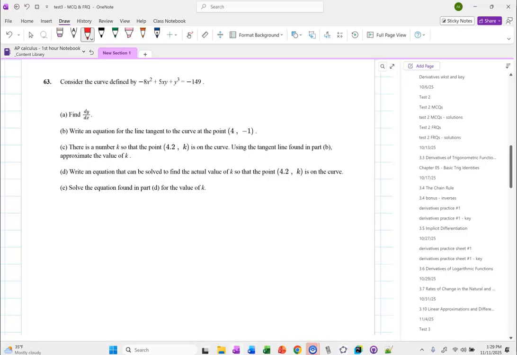All right, this says consider the curve defined by negative 8x squared plus 5xy plus y cubed equals negative 149. And the first part is asking us to find the derivative. What do we do with that? And then product rule, good.